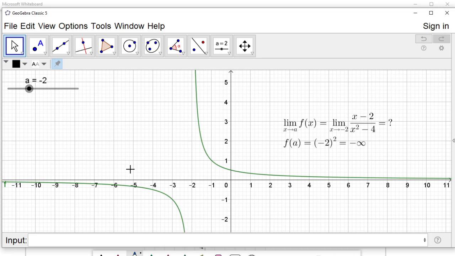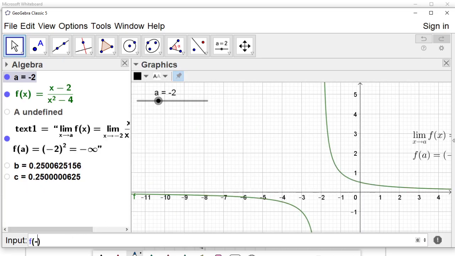And furthermore, if you try to pick numbers close to -2, okay, let's try a couple. -1.99, -1.999, excuse me, it would help if I typed F there.